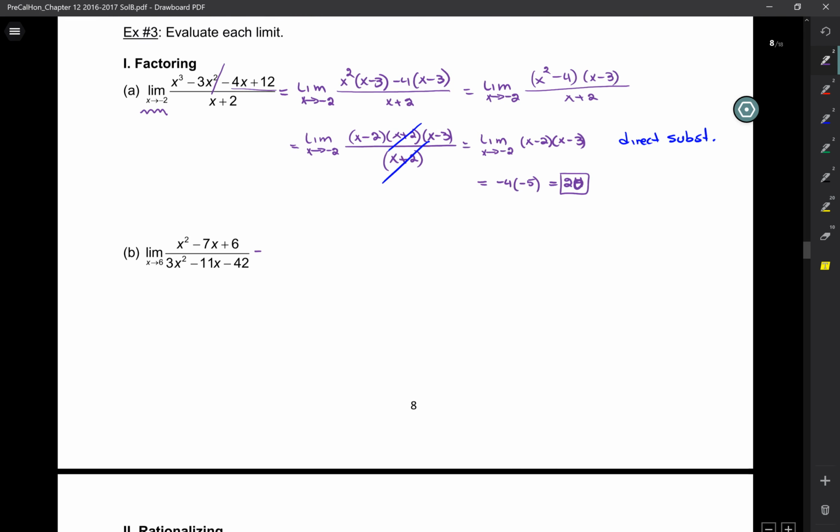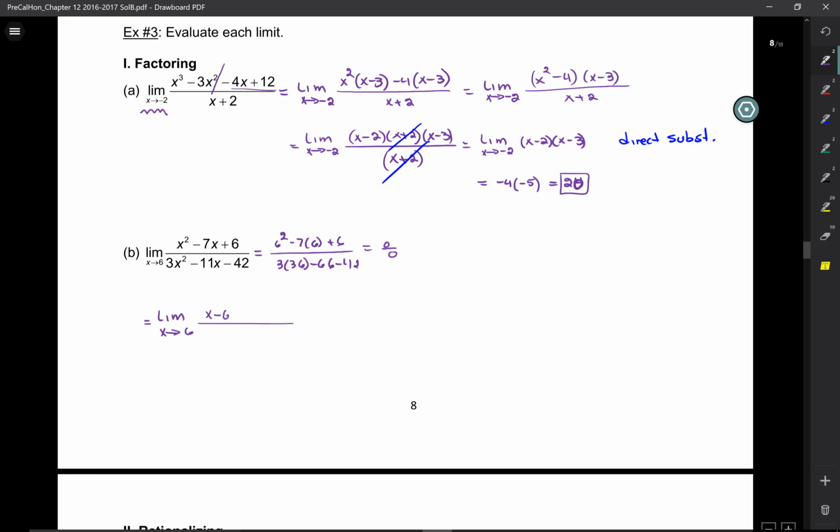Again, when you plug this 6 in, over 3 times 36 minus 66 minus 42, believe it or not, you get 0 over 0. Okay? So that's not cool. That's indeterminate form. So what I want to do now is factor this. This is going to be the limit as x approaches 6 of x minus 6, x minus 1, 3x plus 7, over x minus 6.